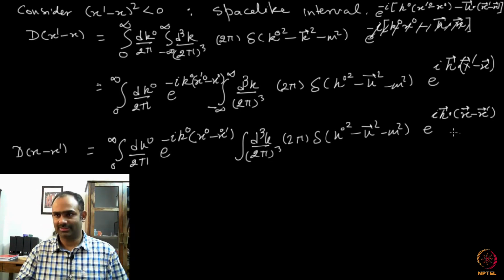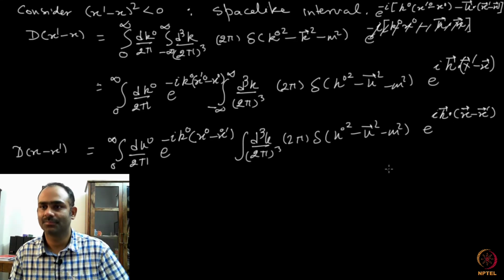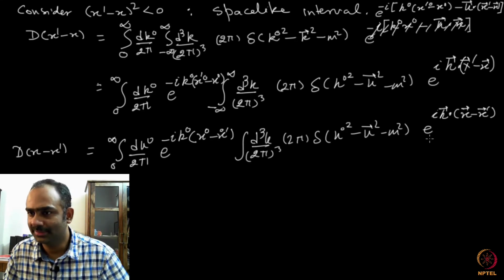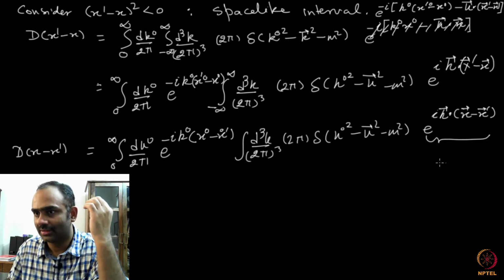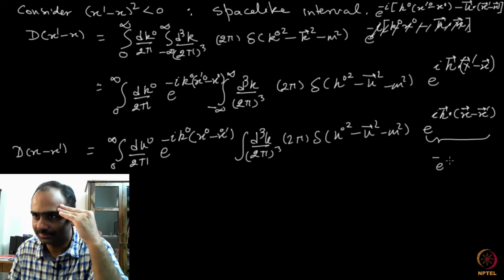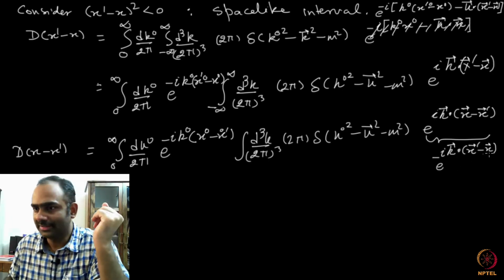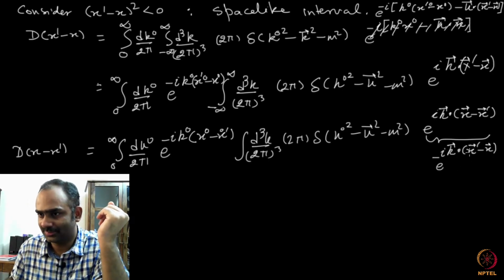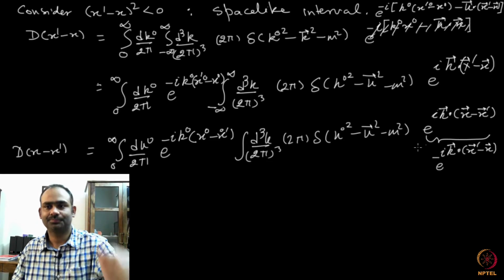Okay, just the order is interchanged, exactly the same thing. But this piece, if I interchange the order, I can write it as e to the minus I k dot x prime minus x. So the argument here, the x prime minus x, is the same as here. The only difference between these two is the minus sign.